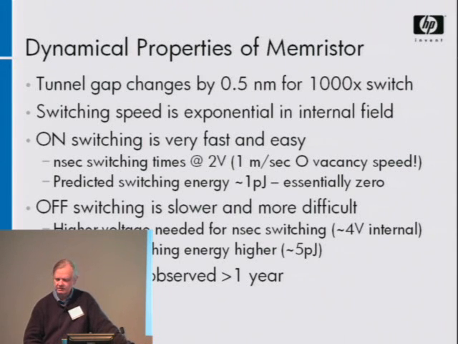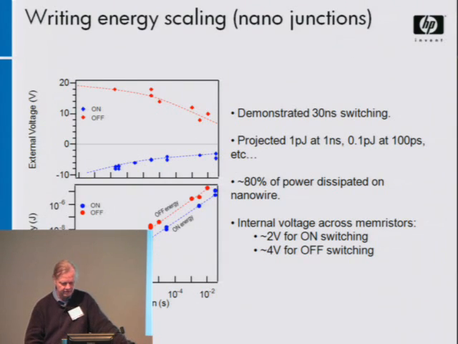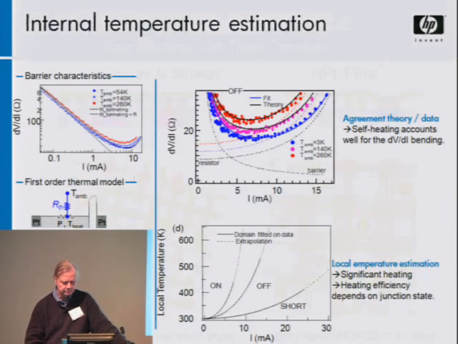Off switching is a bit slower and more difficult, requires a little bit more energy, a little bit more time, or you give it more voltage. And we've actually observed state lifetimes in devices that we made of well over a year. Now we're up to about 5 years on a device. And when we try to extrapolate from our measurements, it essentially diverges.